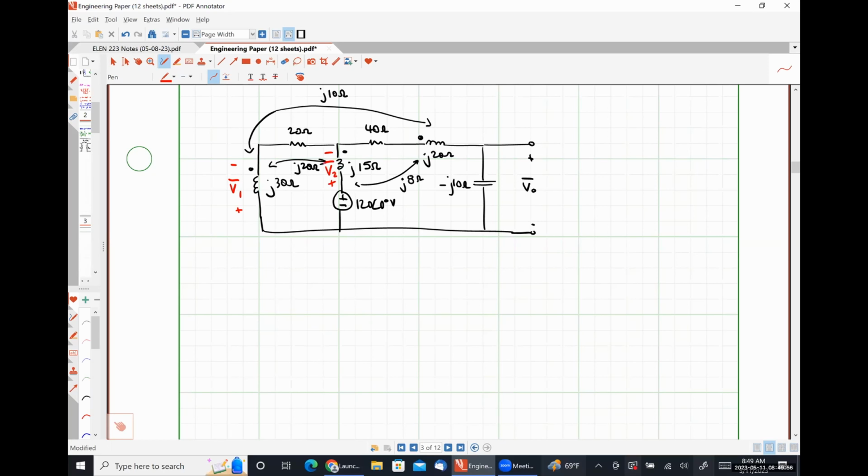All right, and then for the J20, positive on left or right? Okay. For my mesh current 1, clockwise or counterclockwise? Mesh current 2, clockwise or counterclockwise? Doesn't matter.